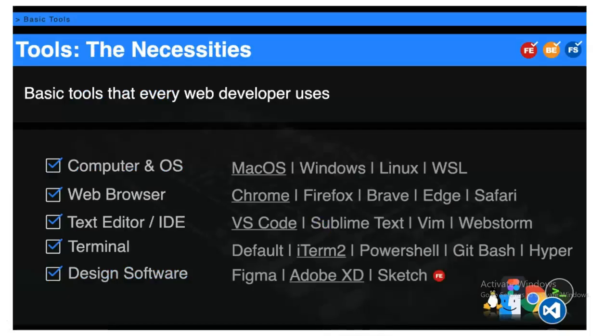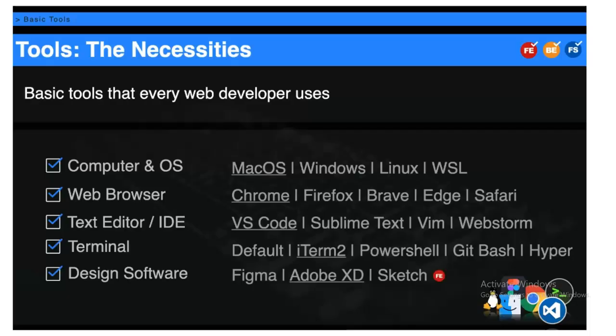Tools, the necessities. The basic tools that every web developer uses: a computer with an OS, macOS, Windows, Linux, or WSL. A web browser: Chrome, Firefox, Brave, Edge, Safari.